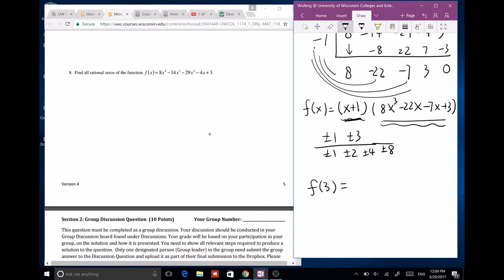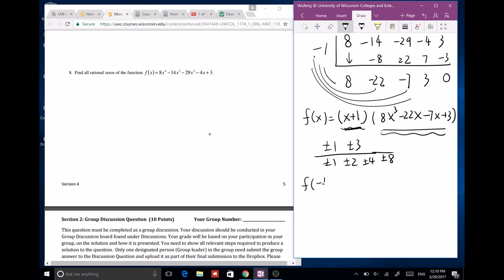So let's check 1/2. 8 times 1/8 minus 22 times 1/4 minus 7/2 plus 3. It doesn't work. Okay, so let's check -1/2.